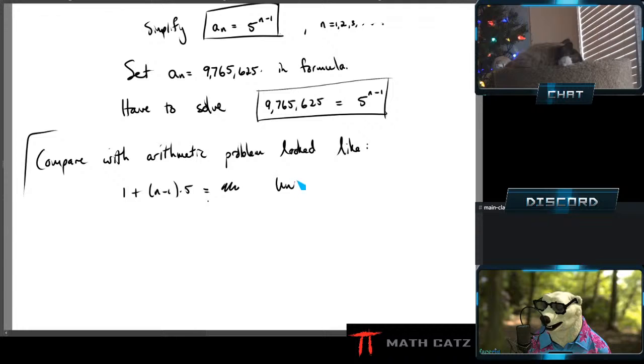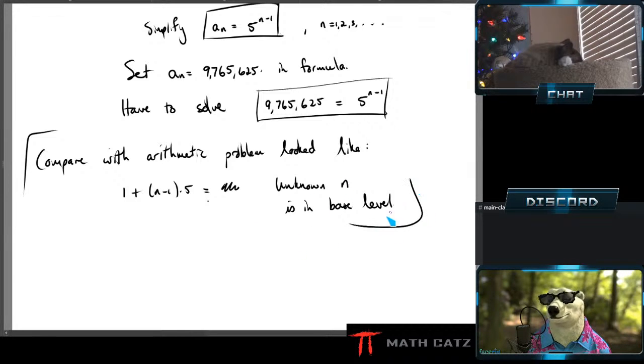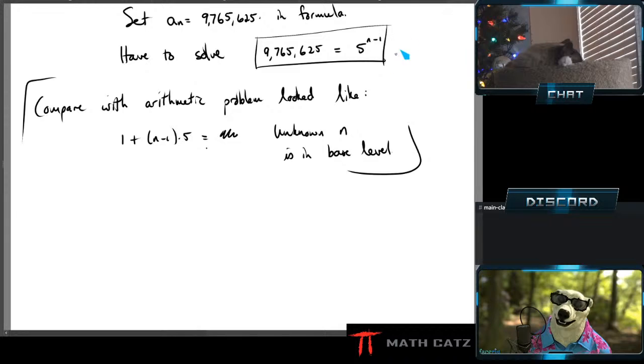The unknown n is in what I call the base level. Everything is in the same level. However, that's not what happens now, unfortunately. Here, the unknown, which is n, is in the exponent level.